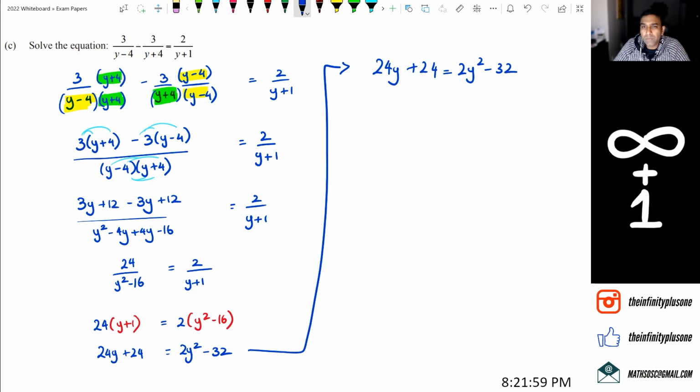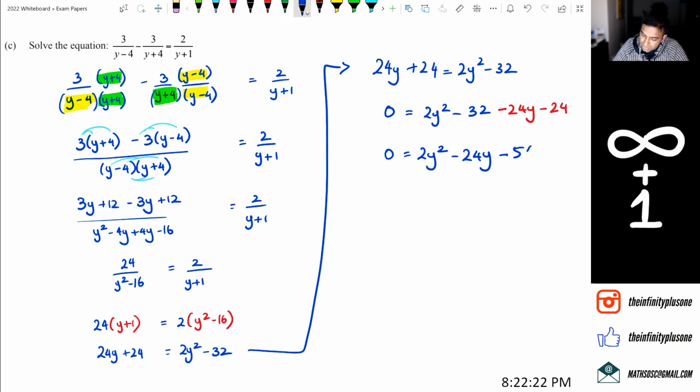So at this point, I'm going to bring everything together so I can form a nice quadratic. I'm going to get 0 equals 2y squared minus 32, and of course, minus 24y minus 24. Simplifying this, I get 2y squared minus 24y minus 56.